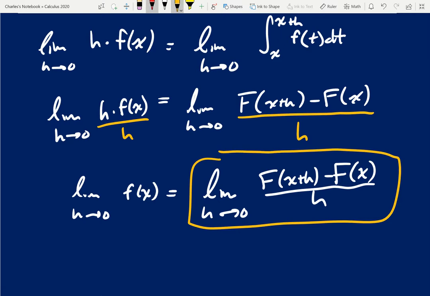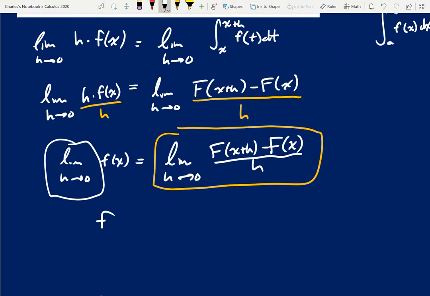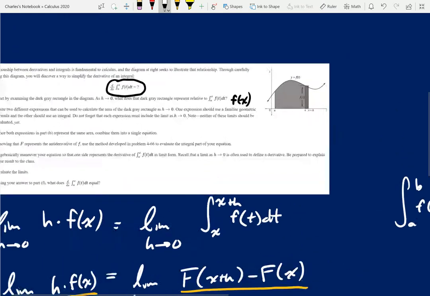And of course, the left-hand side has a limit as h approaches 0, but there's no h in the expression anymore. So the limit as h approaches 0 is the same as just f of x. And this is the formal definition of the derivative of capital F of x, which means that lowercase f of x is the derivative of capital F of x. And this is, in essence, your fundamental theorem of calculus, I believe.